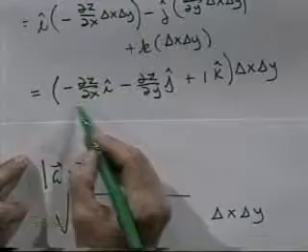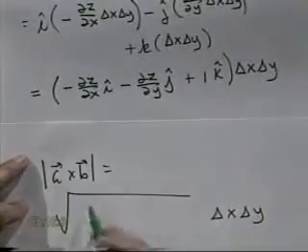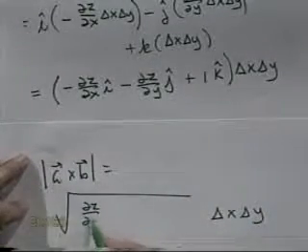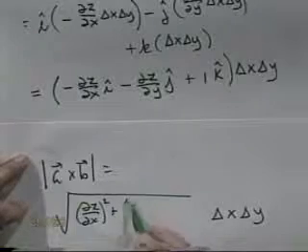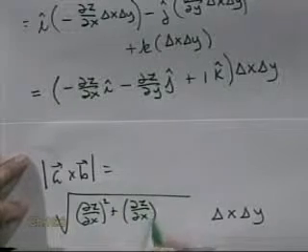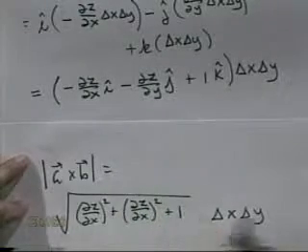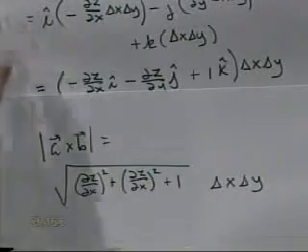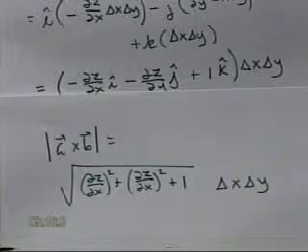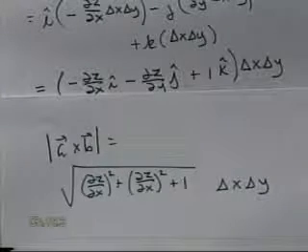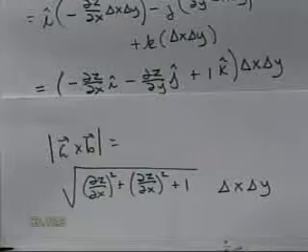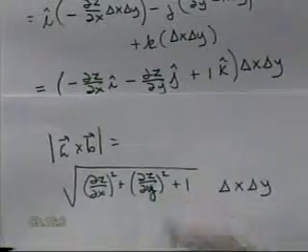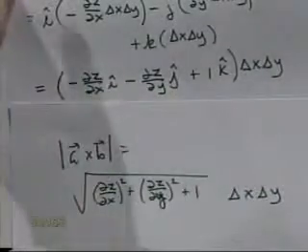And how do you find the length of the vector? Take the x component and square it, plus the y component and square it, plus the z component, and 1 squared is 1 last time I looked. And then I've got delta x, delta y. Okay. What's the problem? Yes, I apologize, that's partial of z with respect to y.